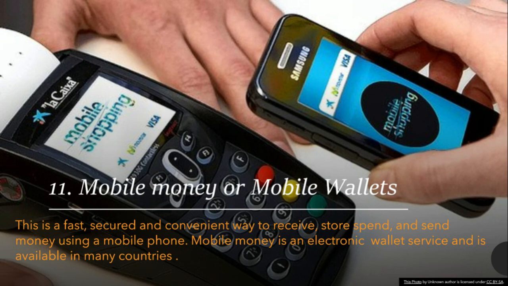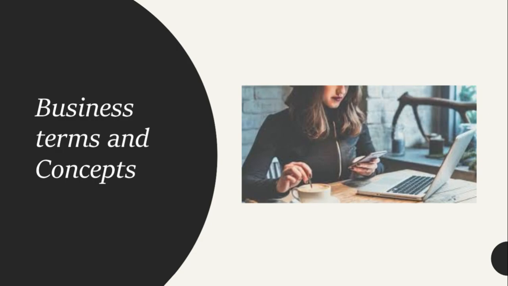Now, this is a fast, secure, and convenient way to receive, store, spend, and send money using a mobile phone. Mobile money is an electronic wallet service and is available in many countries.